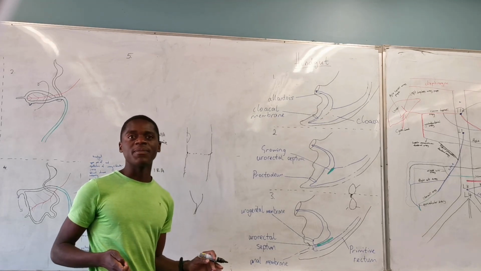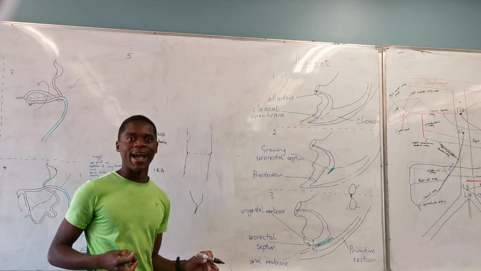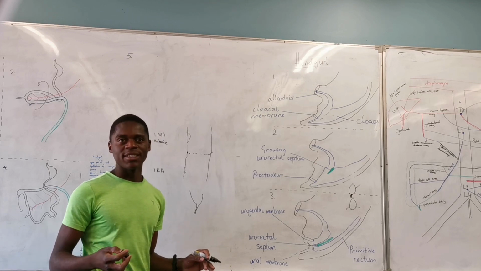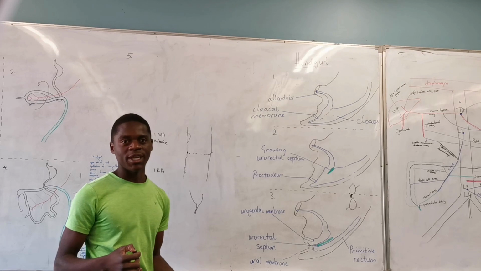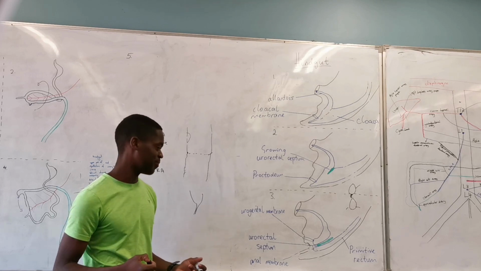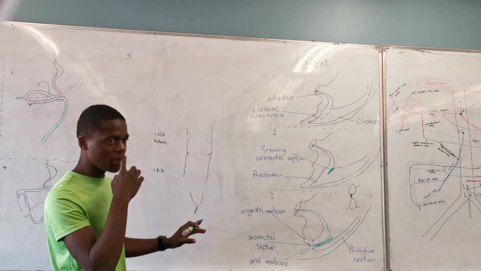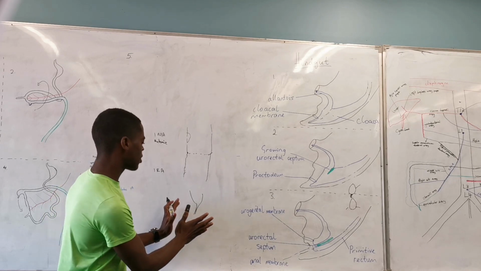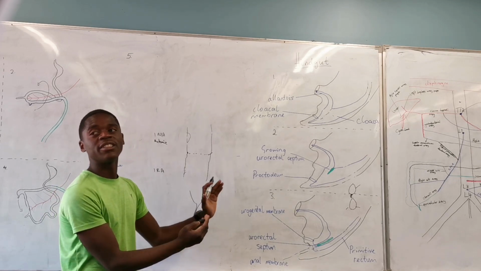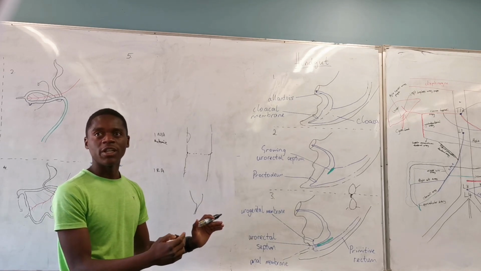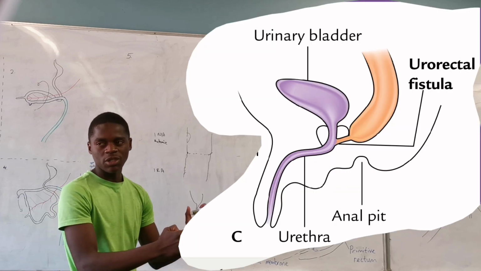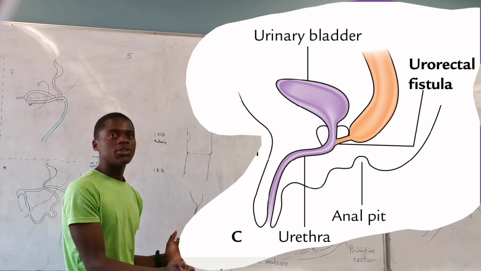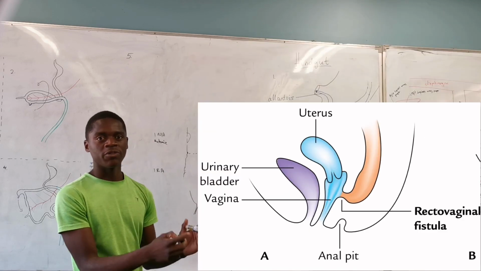We can even have something that we call an ectopic anus. In males, this ectopic anus is going to be found at the base of the scrotum. So this opening can occur at very different areas. You can have a recto-urethral fistula, opening between the rectum and the urethra, and it's going to be recto-vaginal in females.